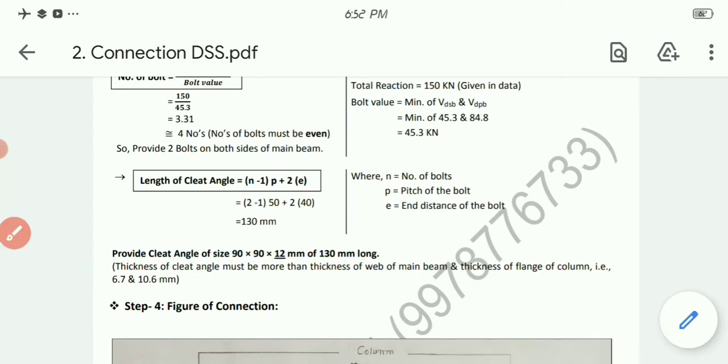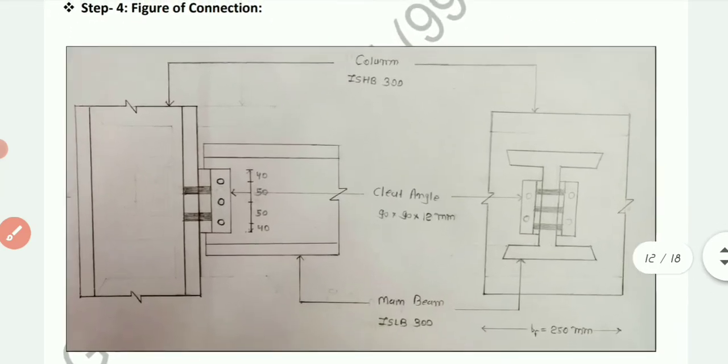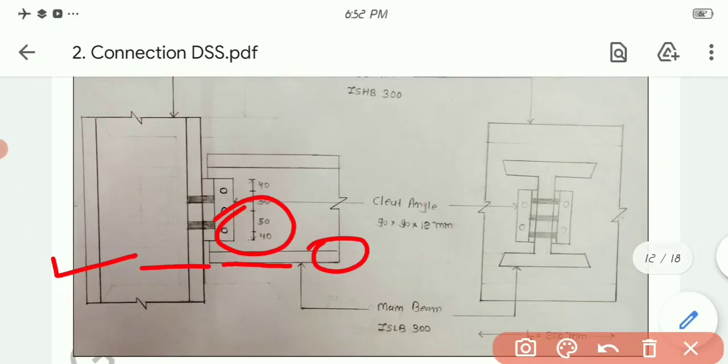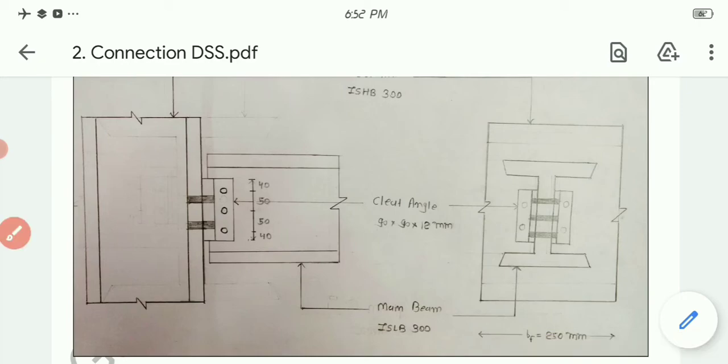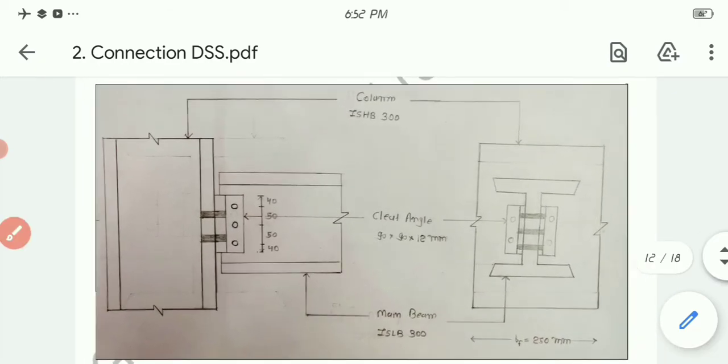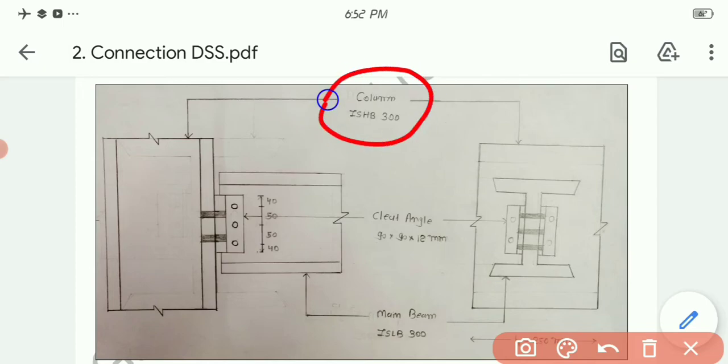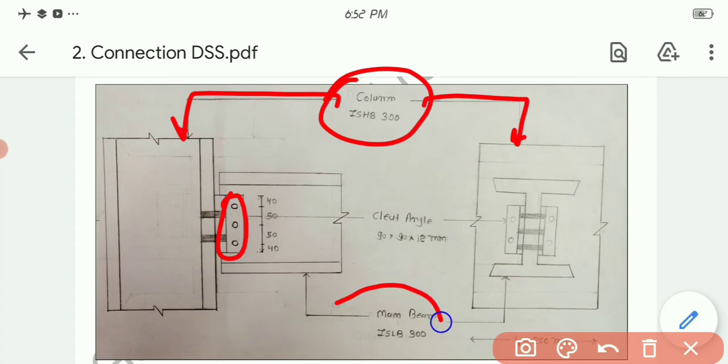Finally, at the end you need to draw this sketch. This is your final answer. Let me zoom out. This one is my column, you can see this one as well as this one. This is step number 1, in which we provide the cleat angle with respect to the beam. Number of bolts were 3, while in the second step we provided the cleat angle with respect to the flange of the column, that is 2 bolts on both sides, as we can see.